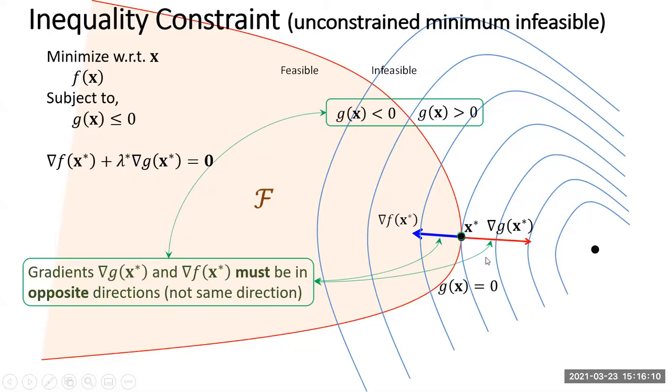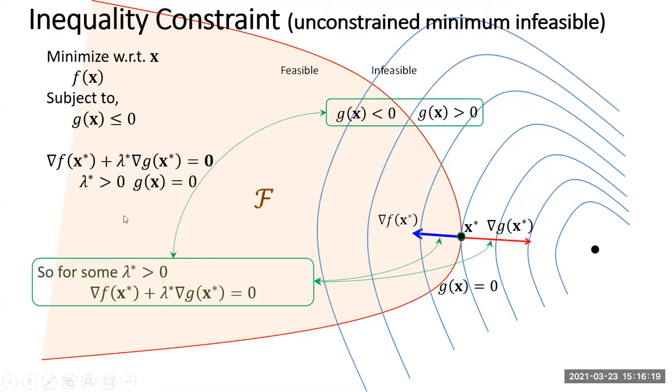It must be positive, because they're already canceling out in opposite directions. The lambda star must be greater than 0. And here, g of x is equal to 0. Remember, lambda is greater than 0, g of x is equal to 0.